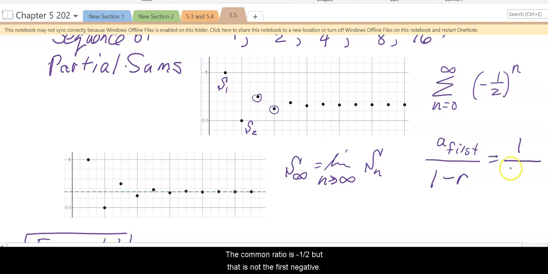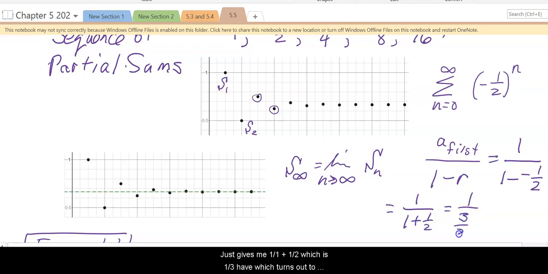The common ratio is -1/2, but that is not the first negative. The first negative is from the formula. That gives me a double negative, which makes it a plus. This gives me 1 over 1 plus 1/2, which is 1 over 3/2, which turns out to be precisely 2/3. This value you see here on the green dotted line is the graph of y equal 2/3.